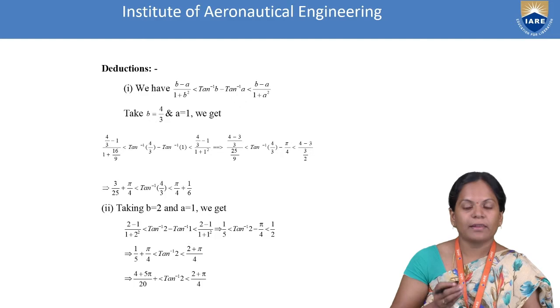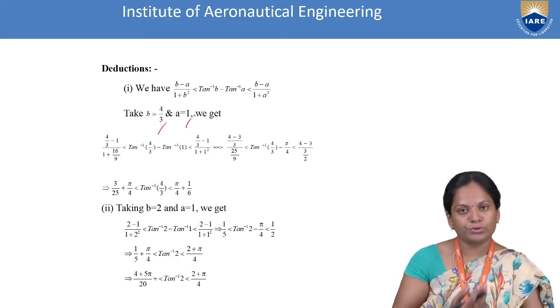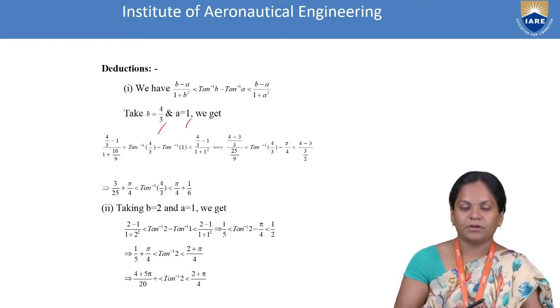So for what values of a and b will we get the two inequalities? We have to choose a and b for the given inequalities, for the given deductions.